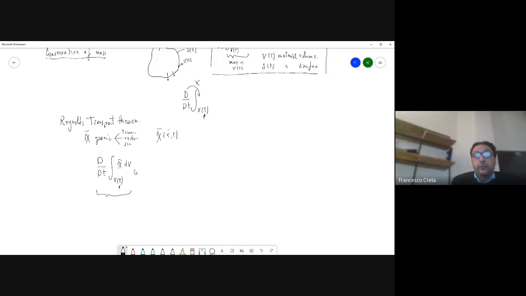And the Reynolds transport theorem really expresses a very simple concept. As this material volume moves in time, we can think of freezing it. You just freeze it for a second, for an instant.